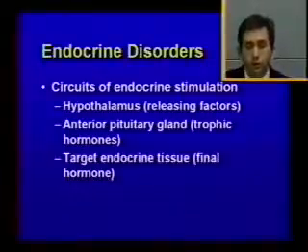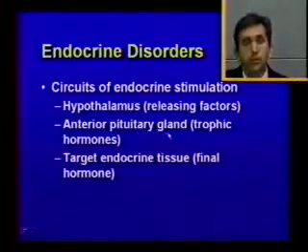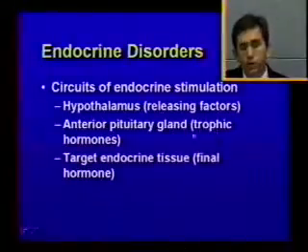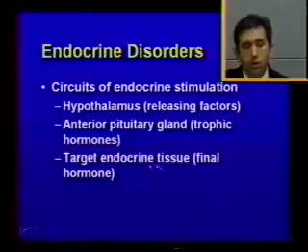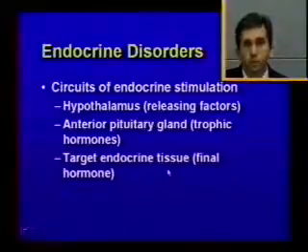You have the release of a factor, in this case from the hypothalamus, called a releasing factor, which stimulates the anterior pituitary gland, and that releases a trophic factor, which enters the blood and goes to a target tissue. So there are multiple tissues involved in this cascade effect of the endocrine system.